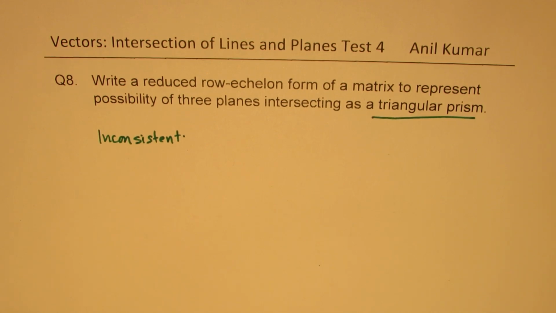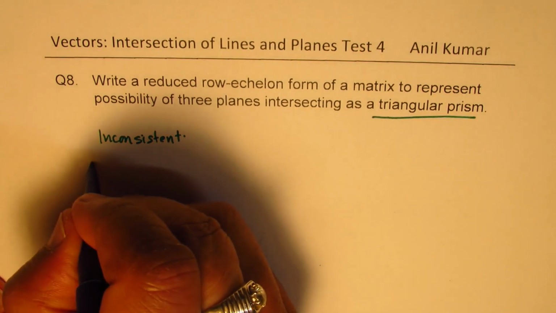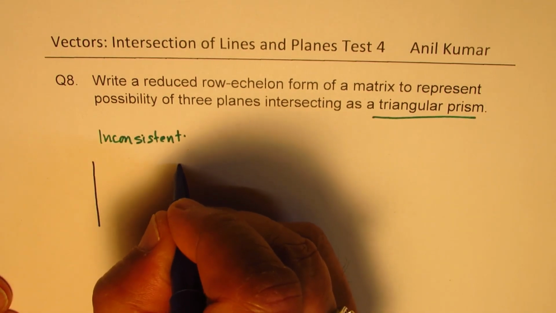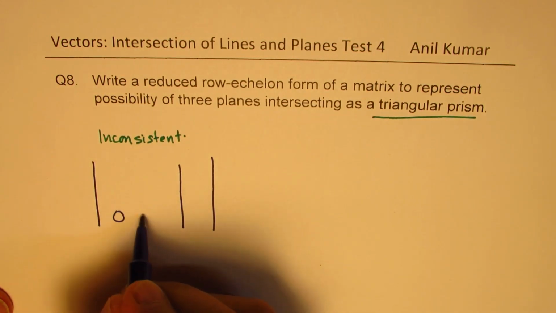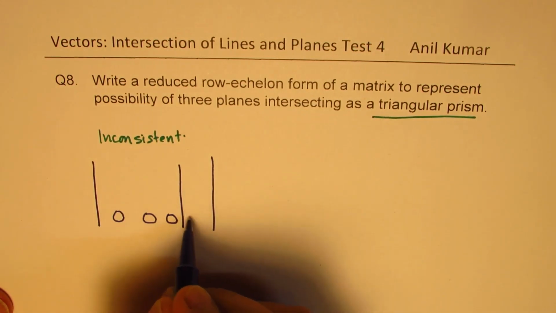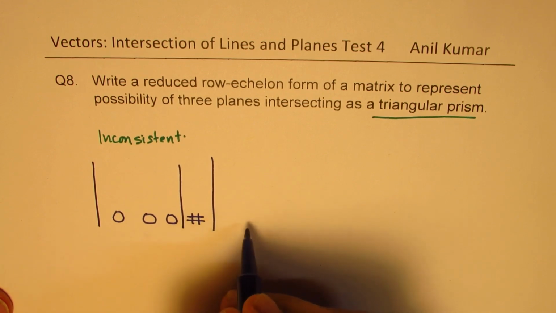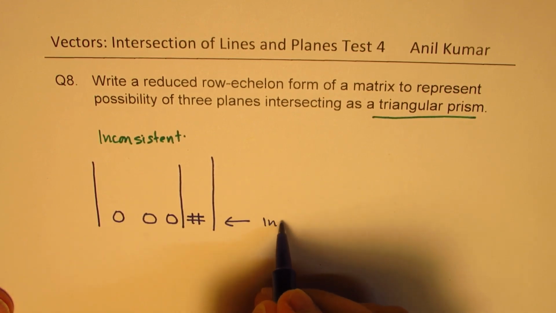So what could be the solution? Well, what we're looking for is that the last row should be 0 equals something, right? So that makes it inconsistent.